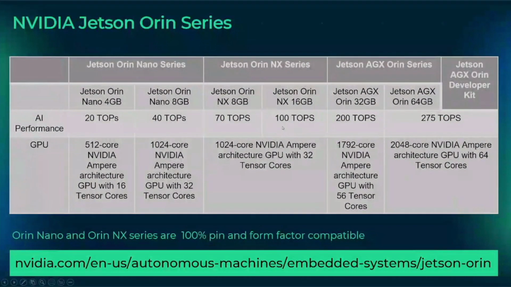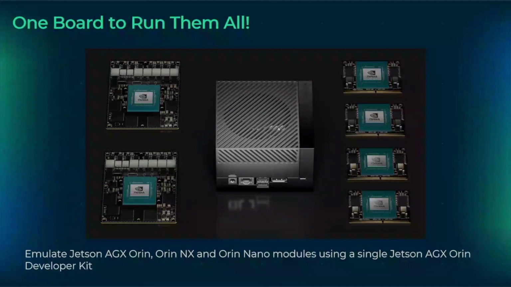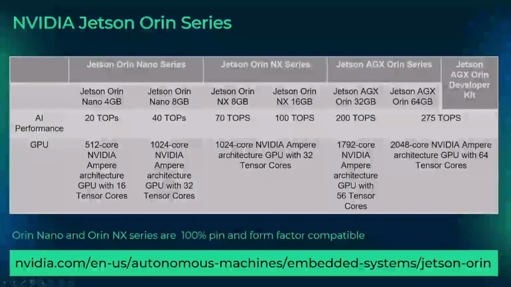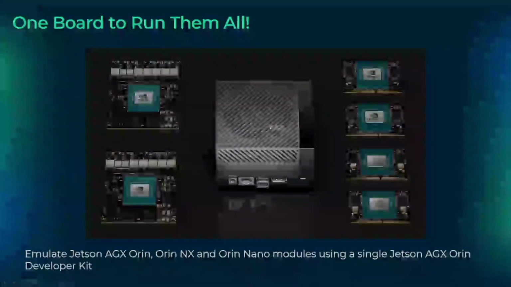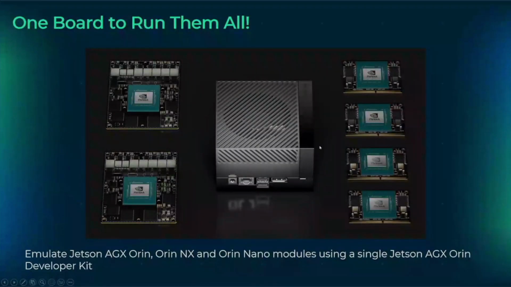So this is the Jetson AGX Orin kit. What's exciting about this kit? Even though we don't have these modules in hand, we can emulate all these modules using this AGX Orin developer kit.